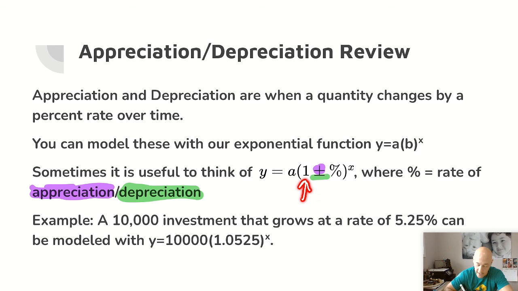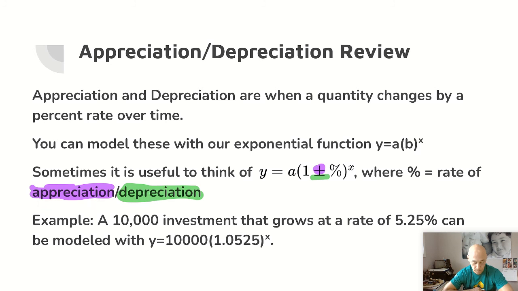And this one is always the same. It's always a 1 here inside the parentheses, plus or minus, depending on whether it's appreciation or depreciation, and then the percent of increase or decrease. So appreciation is increase, depreciation is decrease.